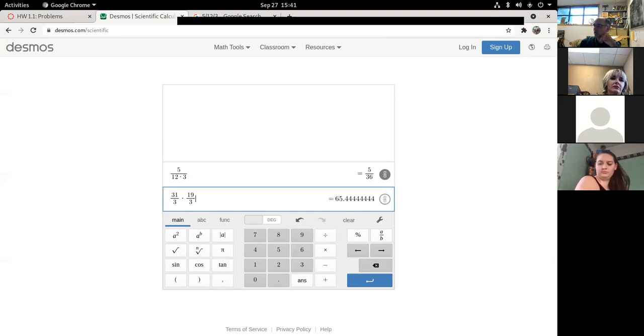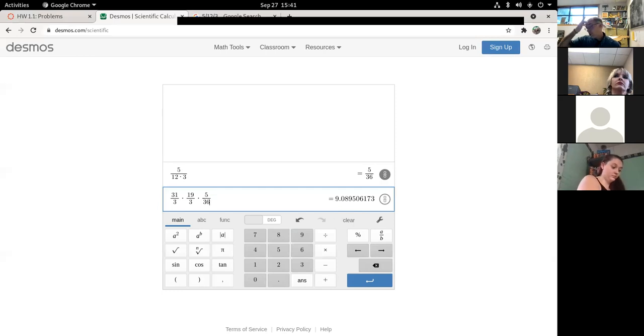Backspace, backspace, backspace. Times, there we go, 5 over 36. And I got the same number as I did on the other calculator. And I'm using 2 different calculators because I don't know what you guys have on you for calculators. And so I just wanted to show not all calculators behave the same way, but if you know how to use them, they should give the same answers.